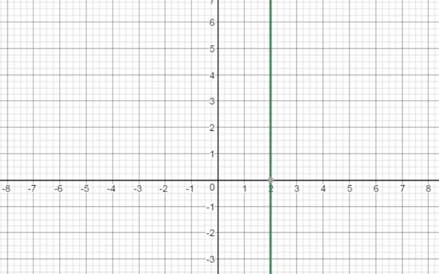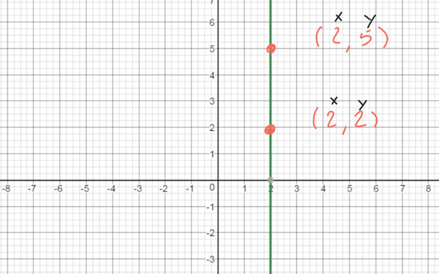And remember, it's a special case. So let's go ahead and choose any 2 points on this line. I'm going to randomly choose this point, and I'm randomly going to choose that point. The coordinate of the first point is 2, 2, and the coordinate of the second point is 2, 5. Again, remember, a coordinate is made up of an x and a y. You need to ask yourself at this point, what number is the same?